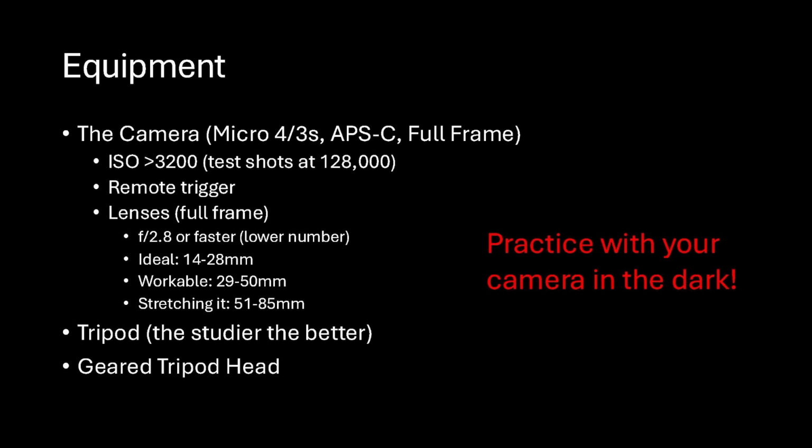The next thing you need is a remote trigger. So with single shot images, your shutter speed is typically anywhere between 15 and 30 seconds. And that depends on your focal length. It depends on a lot of factors, your aperture, but it's open a while.